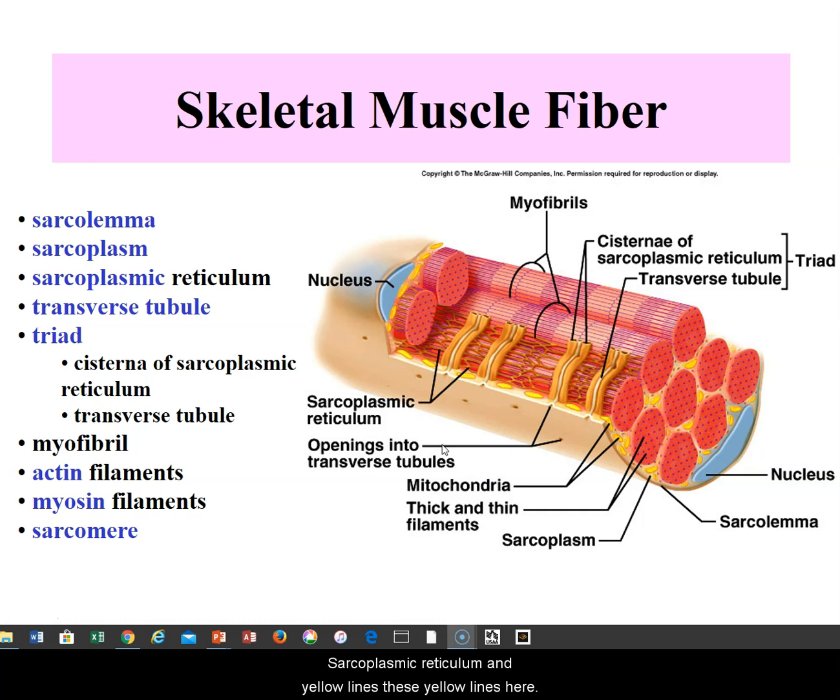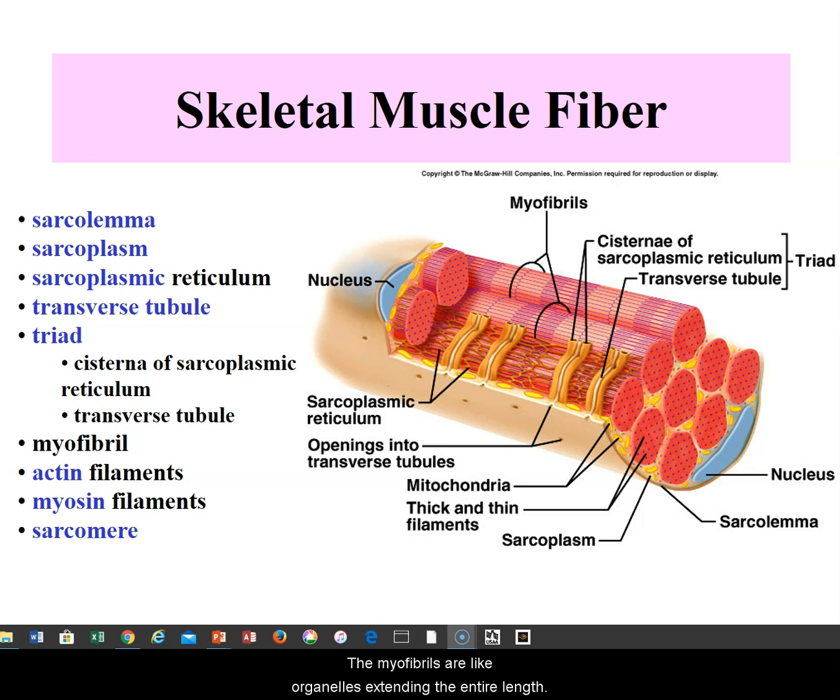And these yellow lines here form a network of tubes for delivering electrolytes, calcium, neurotransmitters, all kinds of things. It's also that bioelectrical impulse if needed. Endoplasmic reticulum, very similar to sarcoplasmic reticulum, but because this is muscle, this is sarcoplasmic reticulum.